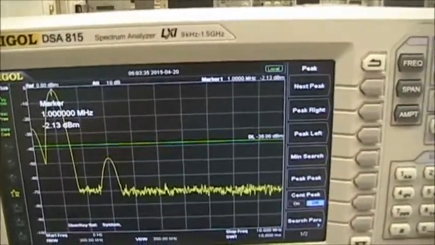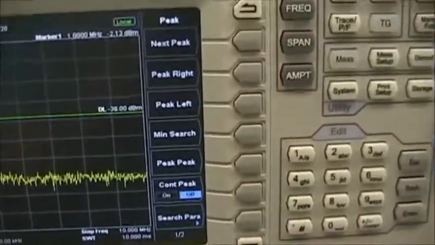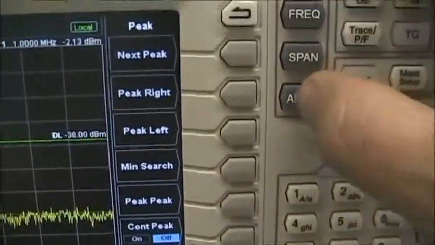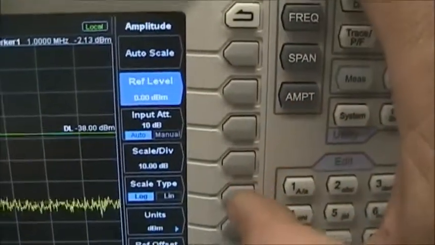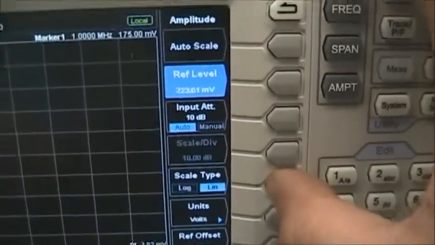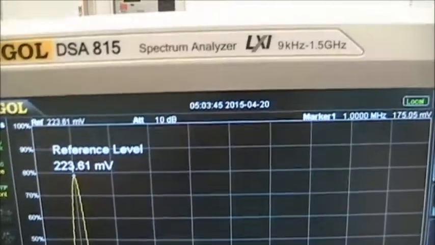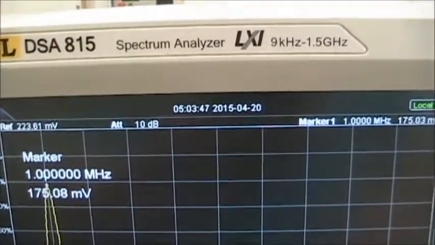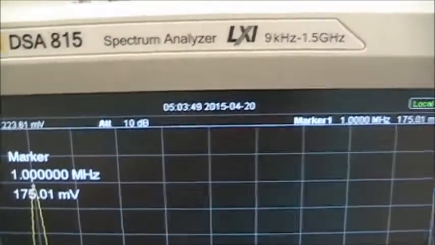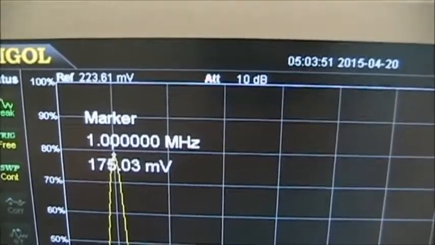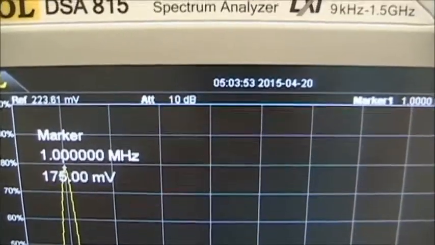So there's our signal. If you want to look at the linear value, you simply go to amplitude, press linear, and then we see the peak signal will now be indicated at 1 megahertz and 175 millivolts RMS.